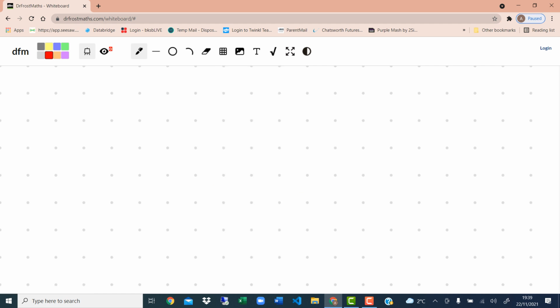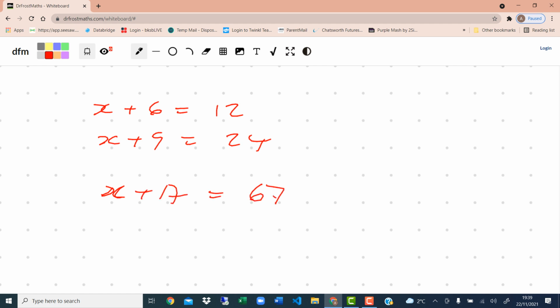So here's a couple of examples for you to try. I'll write them down and you do them. x plus 6 equals 12, x plus 9 equals 24, x plus 17 equals 67, x plus 12 equals 56.